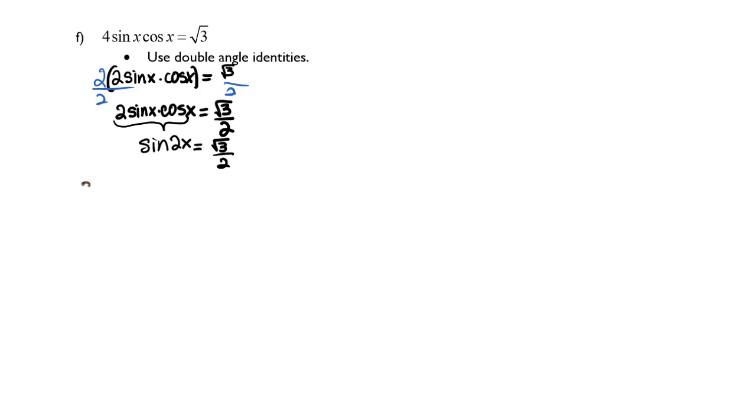Now I'm going to impose a sine inverse on both sides to isolate the 2x, the double angle. So now I have sine inverse of sine of 2x equals sine inverse of root 3 over 2.